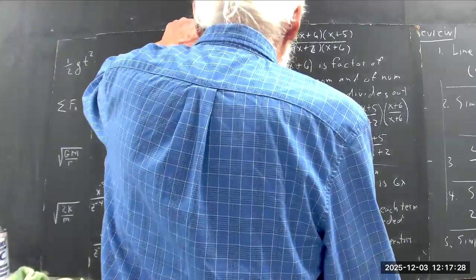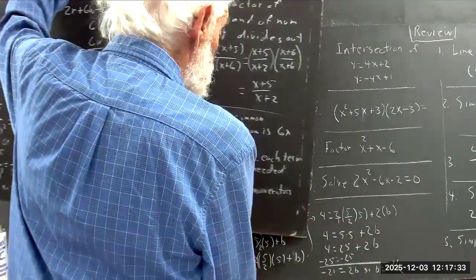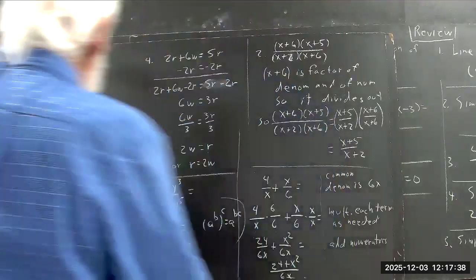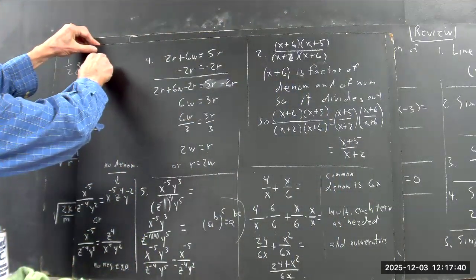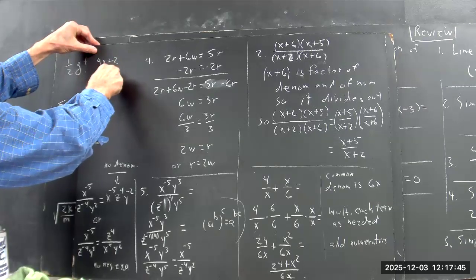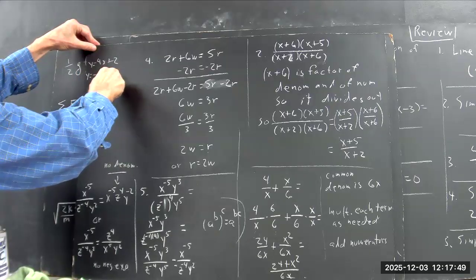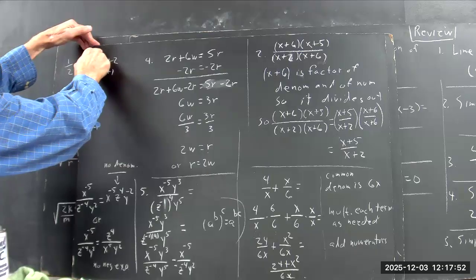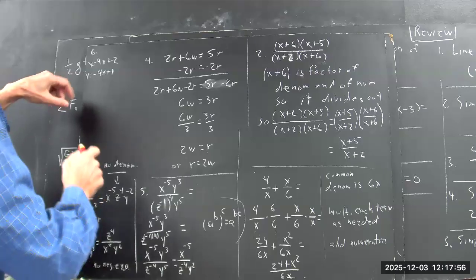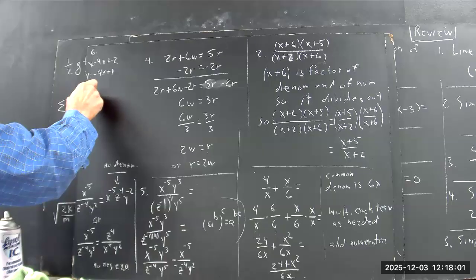Now I'm going to go ahead and try to get at least one more done here in 2 minutes or so. Okay, so this is number 6. Notice that there's a negative in front of this 4x.